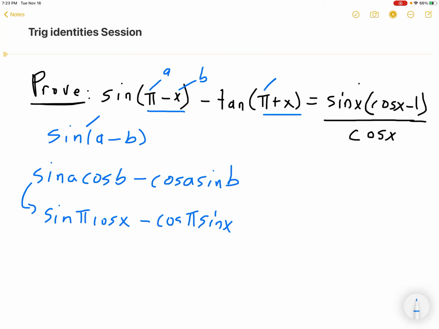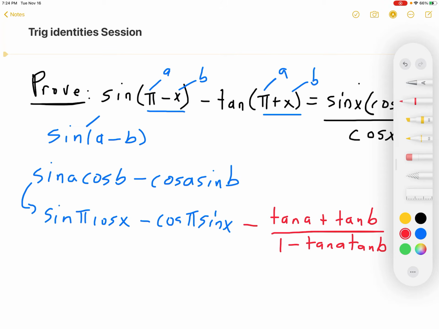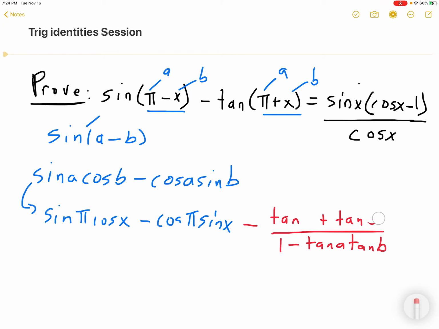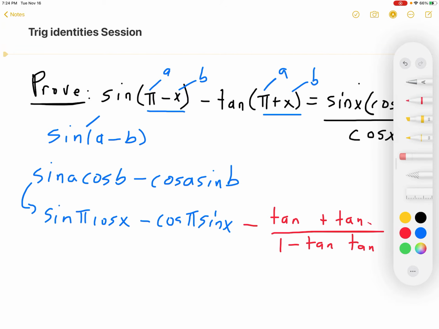It's a sum identity more specifically. So again, this is the A, this is the B, and this would separate into, and I'll write it in red over here, tan of A plus B is equivalent to tan A plus tan B over 1 minus tan A tan B. More specifically, I'm going to erase these here, and instead of putting A's and B's, I'm going to replace them with pi and x.